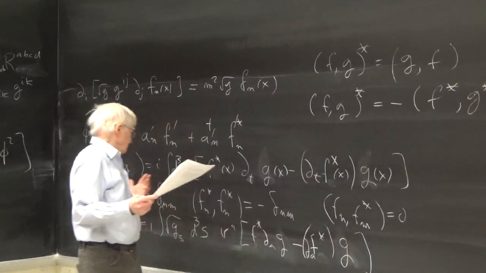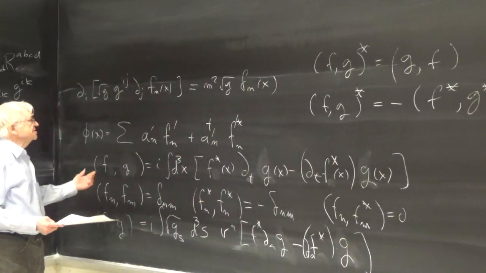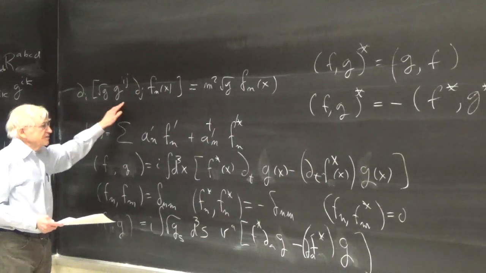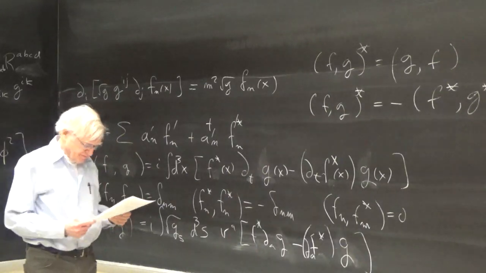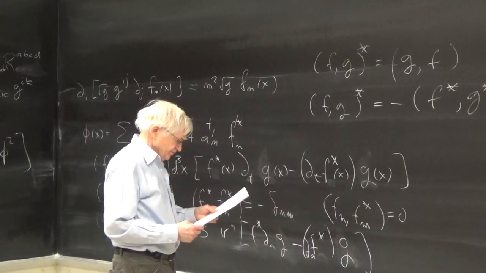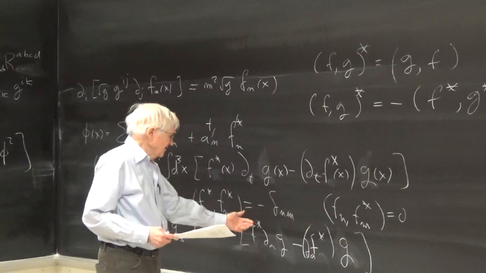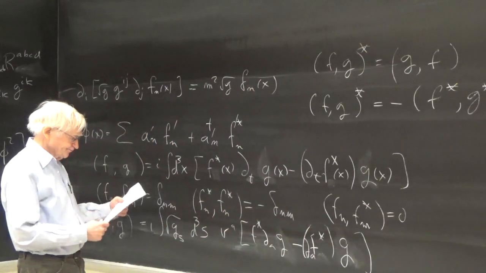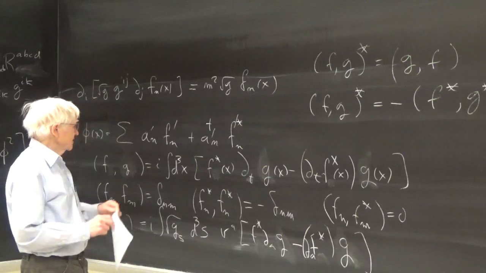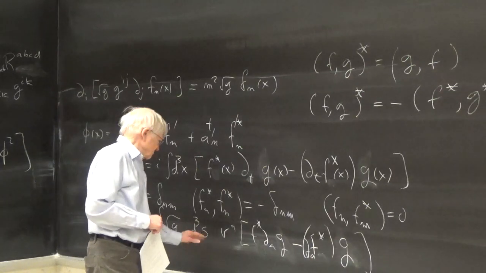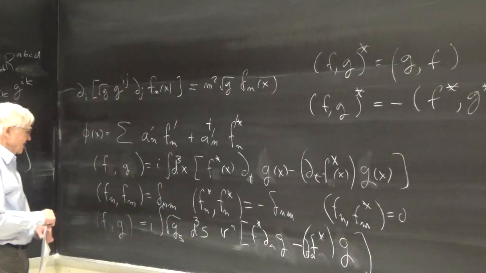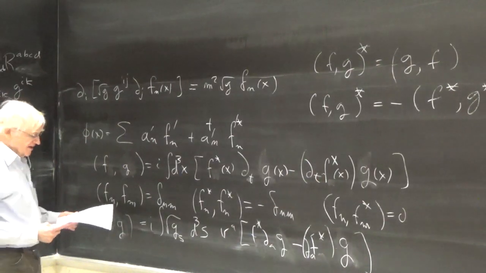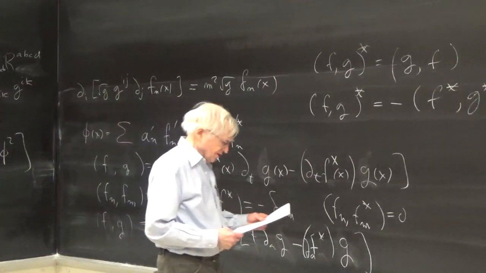And we're going to assume there's a complete set of solutions for a given metric and that they are orthonormal. We can make the solutions orthonormal. And this S is some surface that's space-like, and one can show that the thing is independent of which surface you choose.